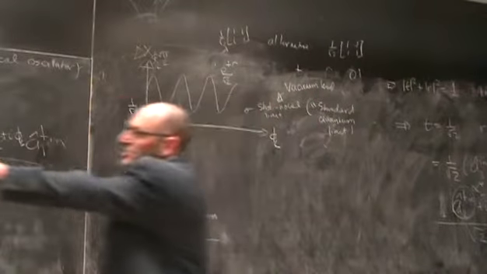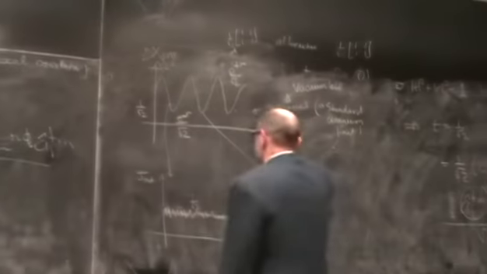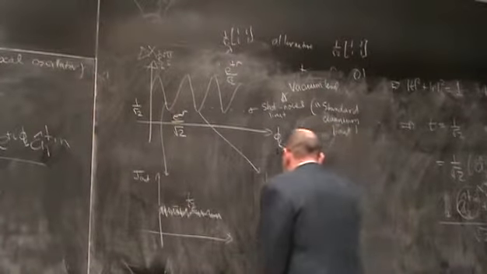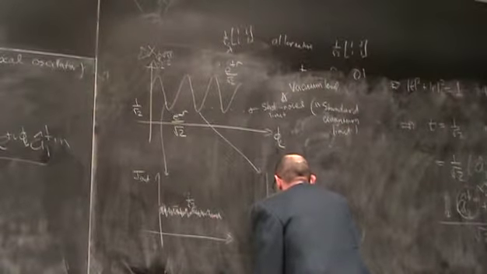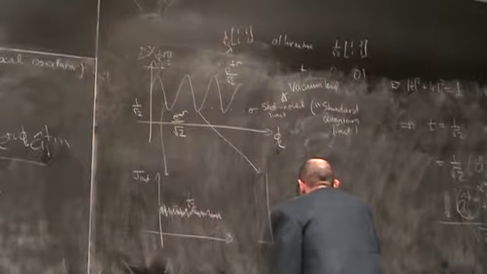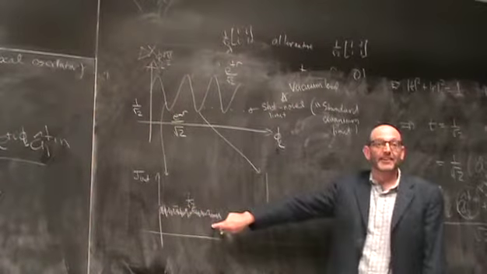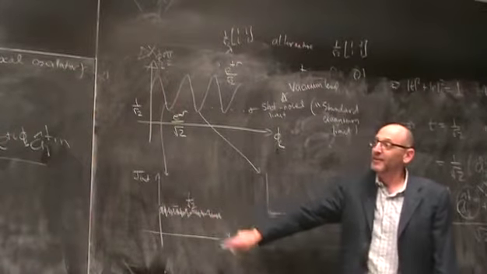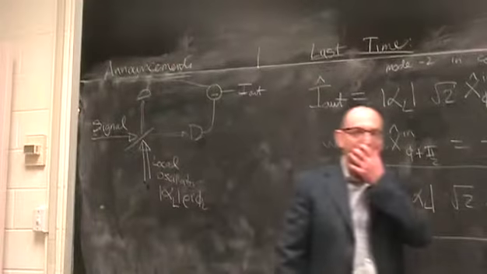When I then adjust the phase of my local oscillator, what will I see? Well, at some points, like over here, it'll look like this, with the noise reduced below what I had when I had nothing coming in there.